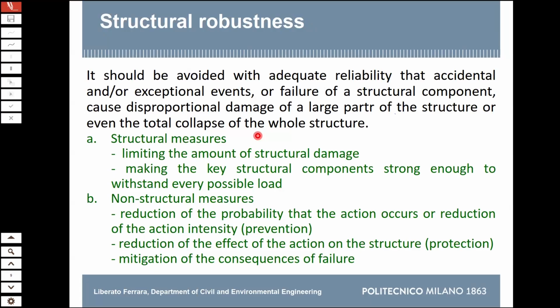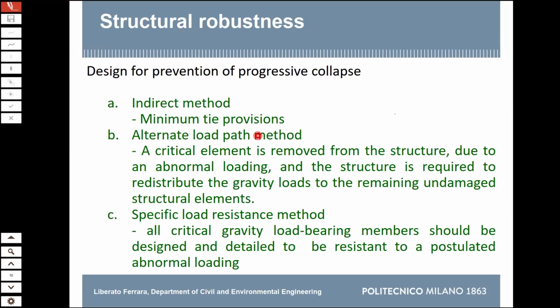But then you also have other structural measures, and this is the philosophy that we can use. So first of all, an indirect method. Let's use some additional reinforcement in the form of minimum tie. Or let's identify some critical scenarios.